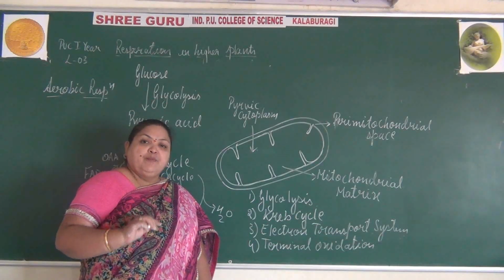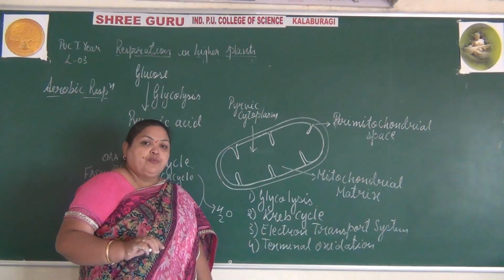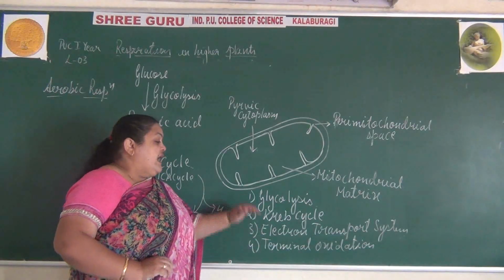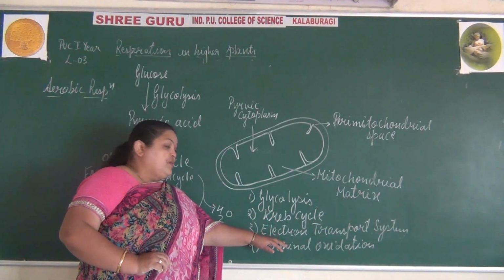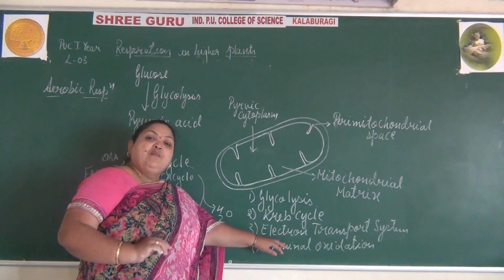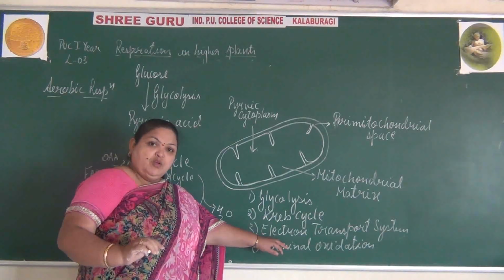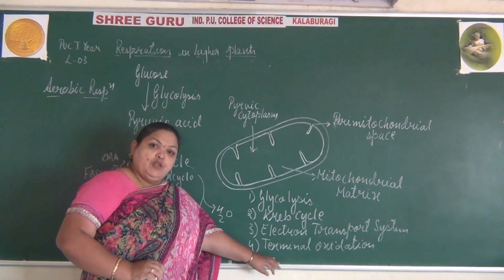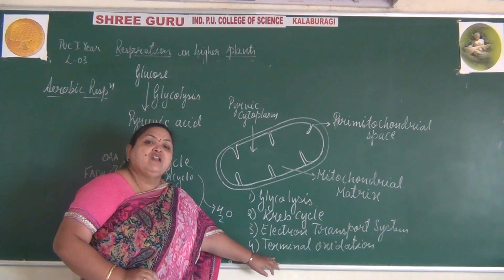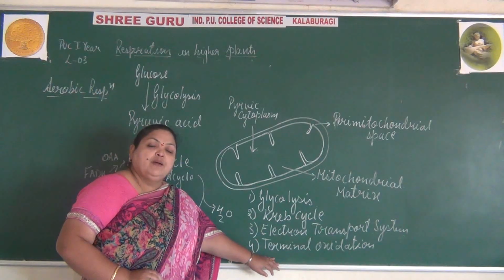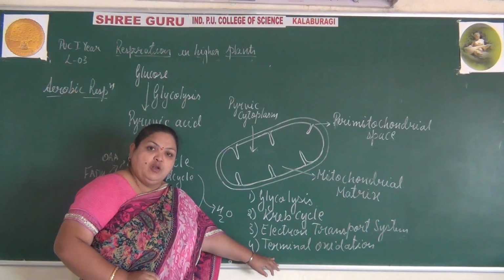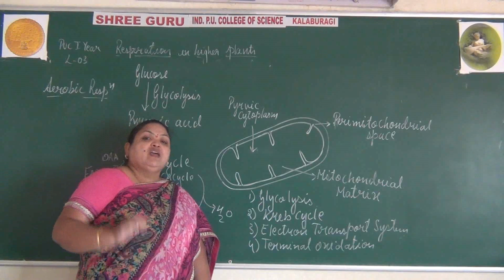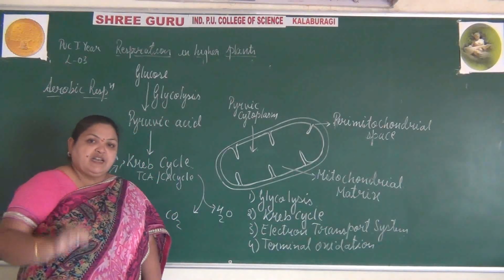Various intermediate compounds are involved in the process, which ultimately leads to the production of ATP molecules, and with the help of electron carriers, help in the formation of water molecules. The protons that are released are used up by ATP synthetase molecule for the synthesis of ATP. So in the next class we will deal with aerobic respiration, that is Krebs cycle.